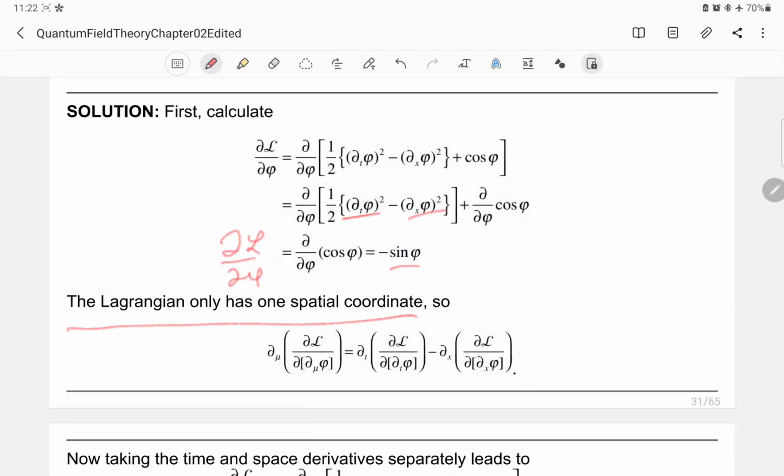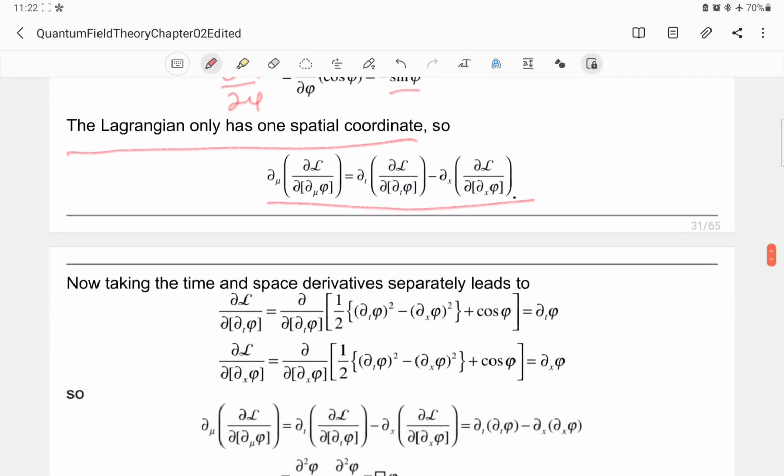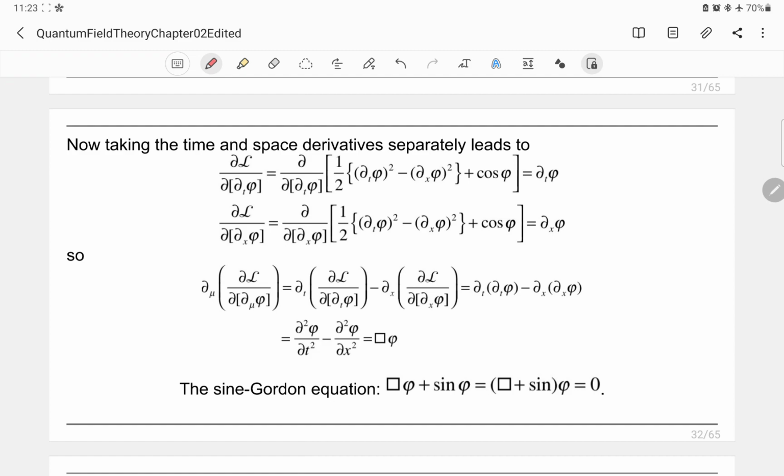The Lagrangian only has one spatial coordinate, so we have in this case only one coordinate for the space. Now taking the time and space derivative separately leads to this one and this one.